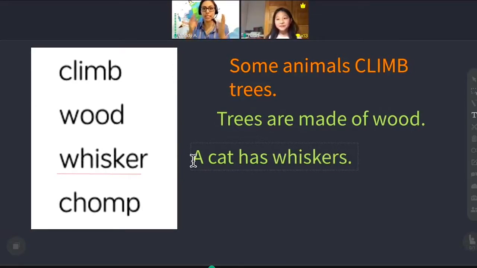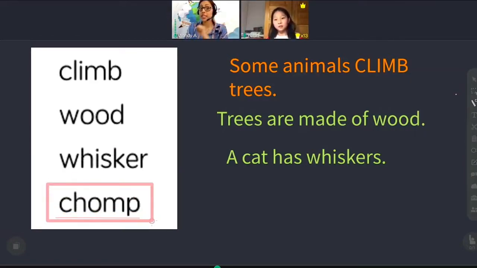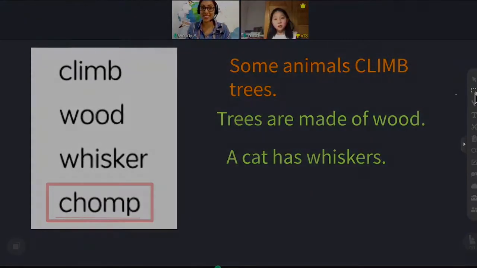We would say it in plural because they have many, right? Whiskers. Are you familiar with this one? I don't know. No. Okay. So chomp, we're going to look for this word in the reading, and then in the context, we're going to be able to understand it better, what it means. All right, so we're going to look out for this word.